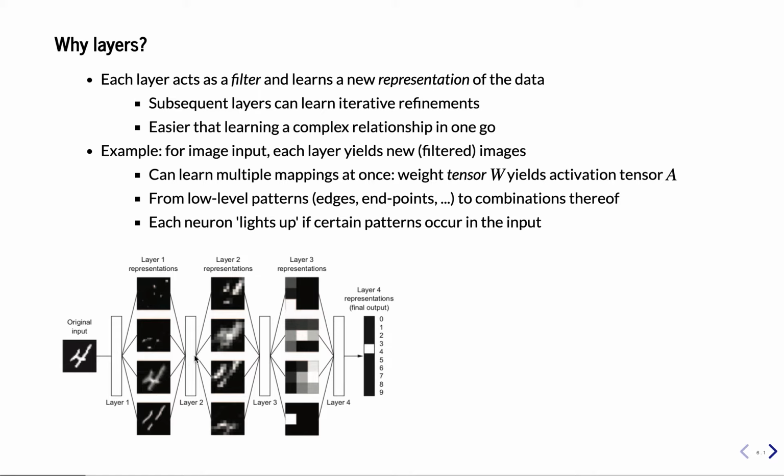The next layer will again represent it a bit differently, every time filtering the data. And the upshot of that is that since each layer learns one specific simpler filtering or simpler representation, the sum of this becomes much easier to learn than if you would have to do this in one go.